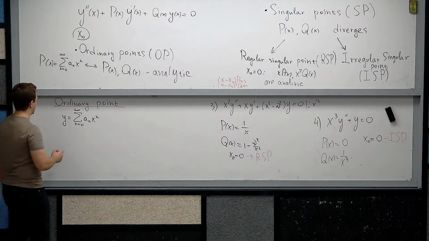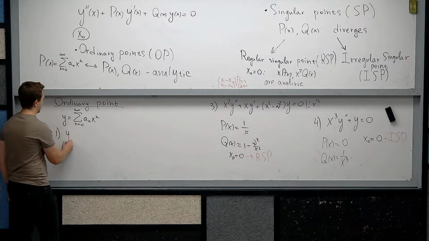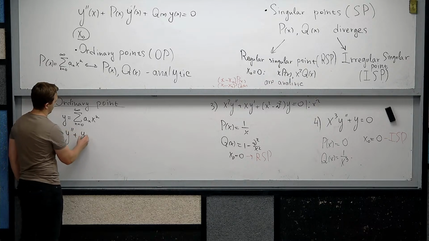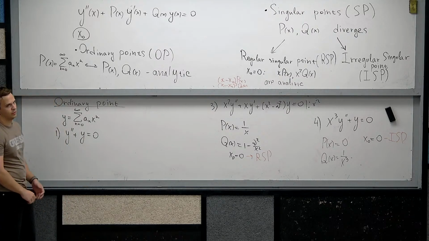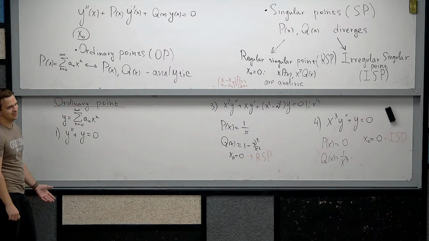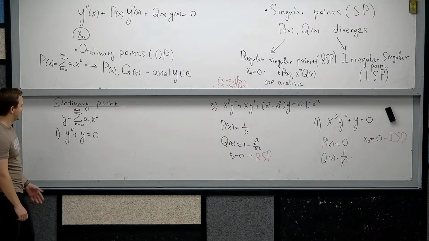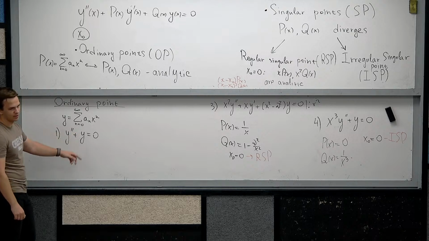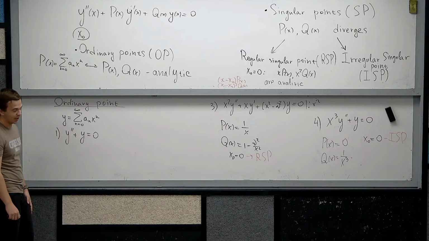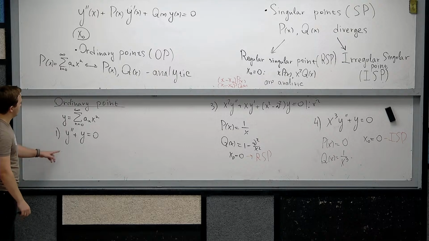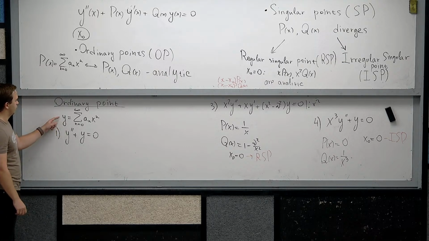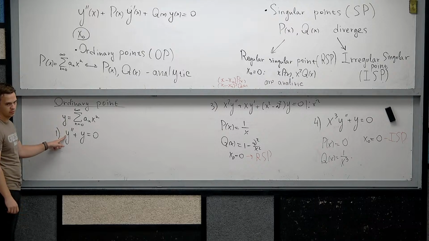So for example, let's solve this equation. I know you can solve it without series, right? Just harmonic oscillator with omega. Probably the worst way to solve it. What happens if we plug this Taylor series into the equation?